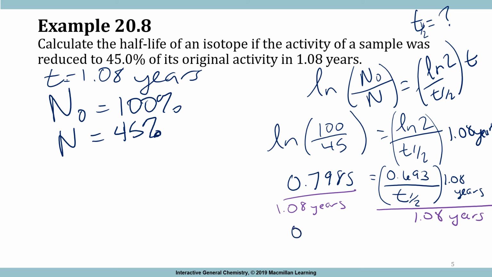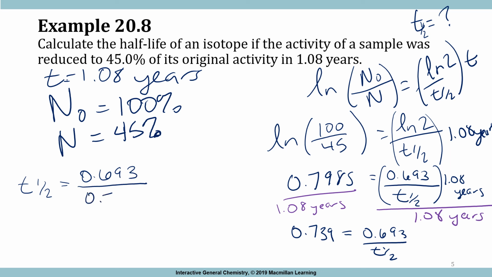So I then have 0.739 is equal to 0.693 divided by your half-life. So now I just need to get half-life by itself. So I'm going to rearrange this, and when I do that, I find that half-life is just going to be equal to 0.693 divided by 0.739. So my half-life is going to be 0.937 years.